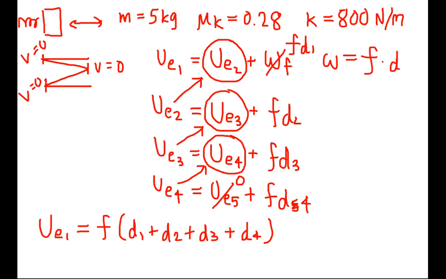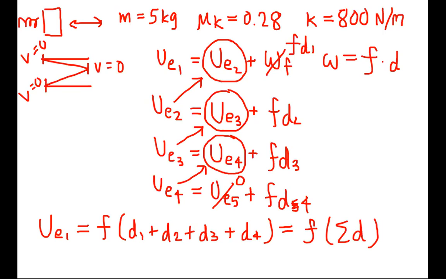So we have this value here. Another way of writing this would be as the frictional force times the sum of all of the distances. It's a simpler way of writing it. But this is the equation that we basically get down to, which gives us our energy in terms of friction and distance traveled.